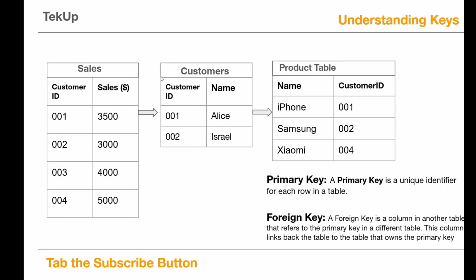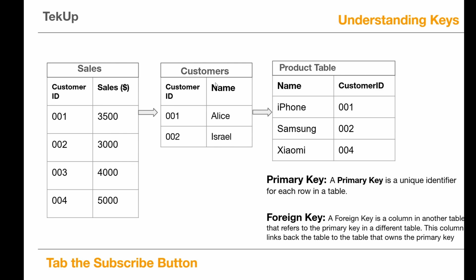Now, this customer ID is the primary key in this customer table because it originally belongs to this particular table. How does it belong to this particular table? This is the customer table, and every piece of information here should pertain to the customer. We cannot have information pertaining to products in the customer table. For example, in the customer table, we cannot have product name. As you can see, the product name is under the product table.